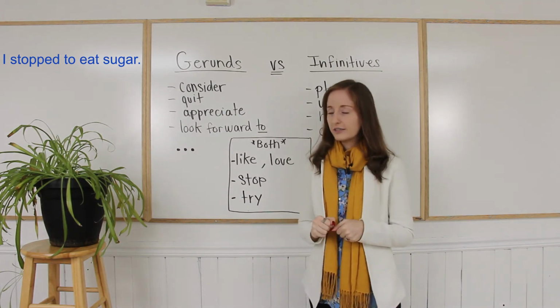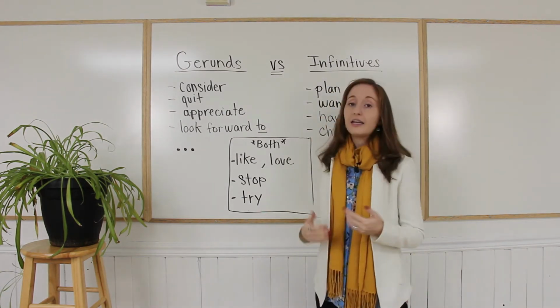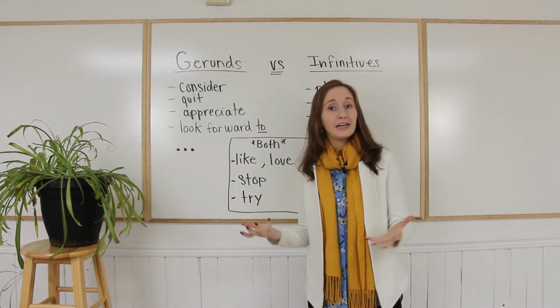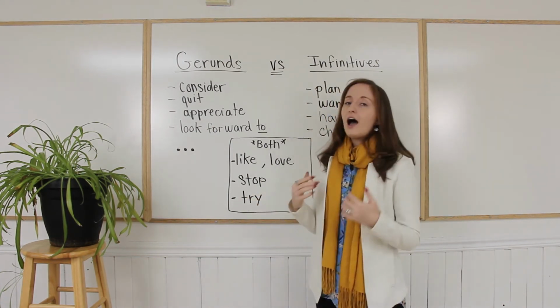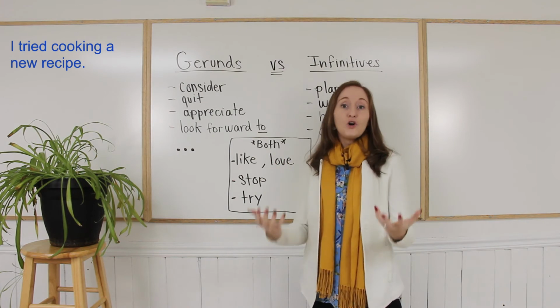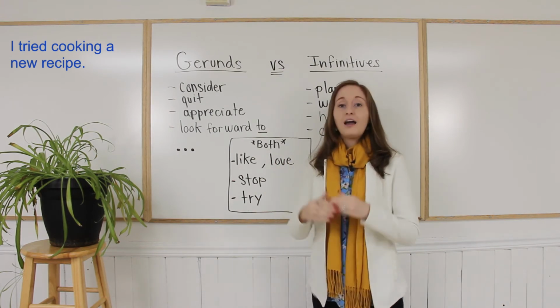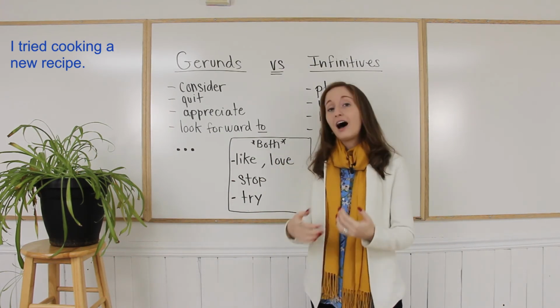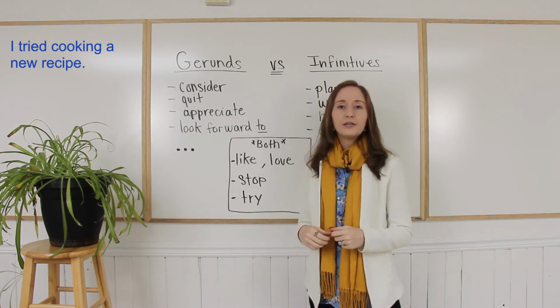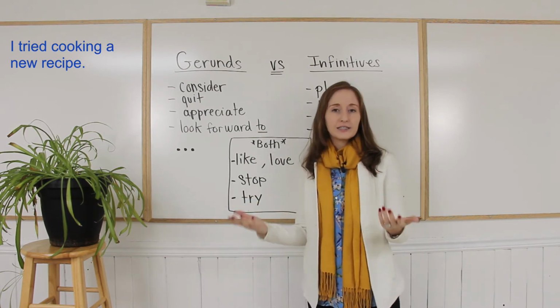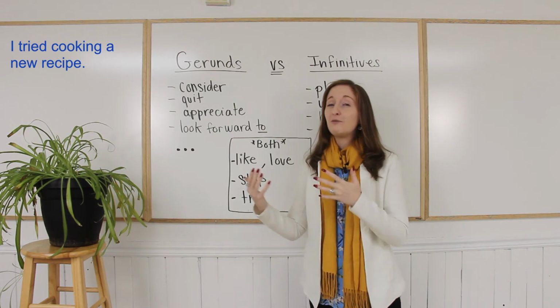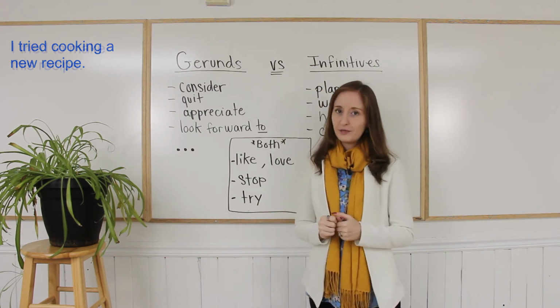So big difference. For the verb try, again, very, very similar. There is a big difference. If I say I tried cooking a new recipe, I made an attempt. I tried cooking with a gerund, but I probably didn't succeed or I didn't do very well on this recipe.